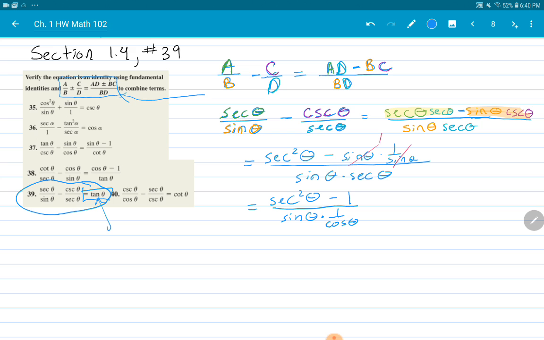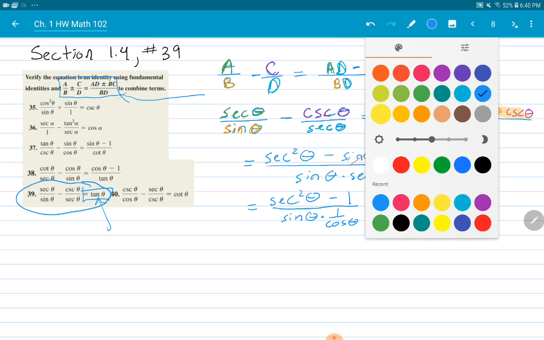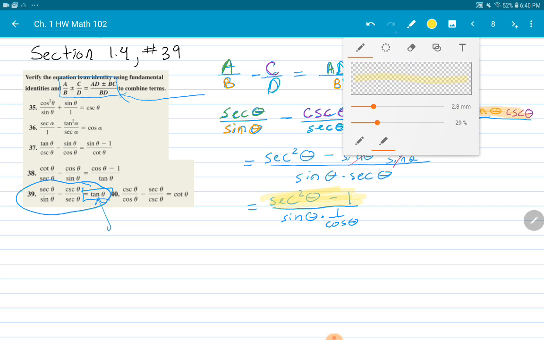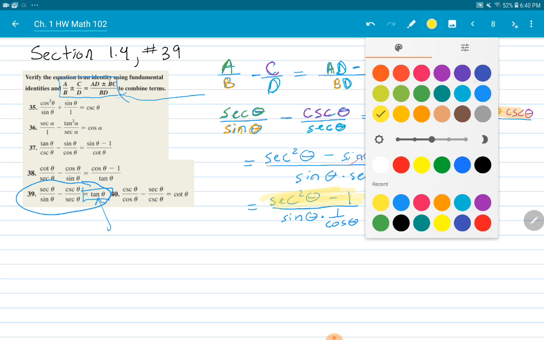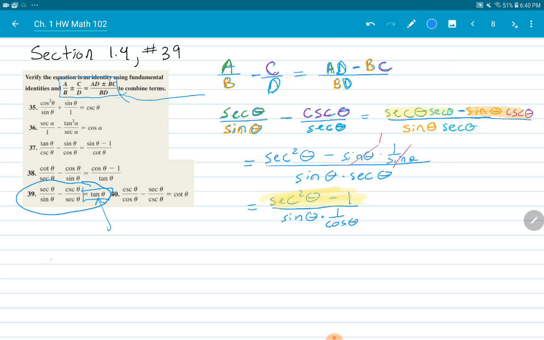Okay, now I do have a Pythagorean theorem identity that tells me that this piece, secant squared theta minus 1, equals tan squared theta.